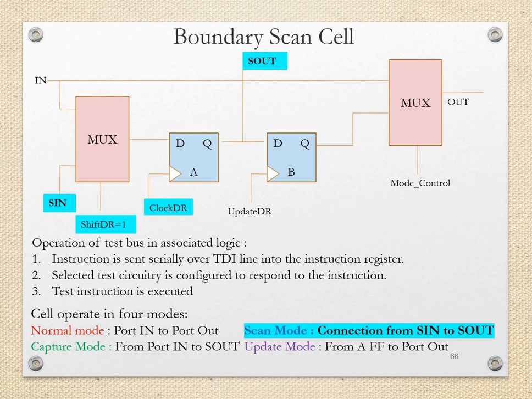Now in this scan mode, as we have to apply the signal from one boundary scan cell to another boundary scan cell, and as they are connected in a chain fashion, the internal logic is not coming into the picture.